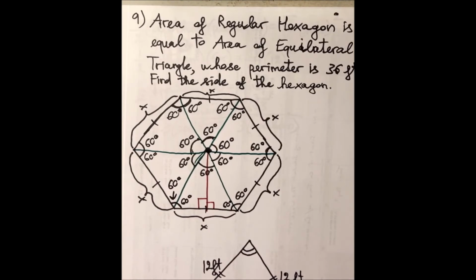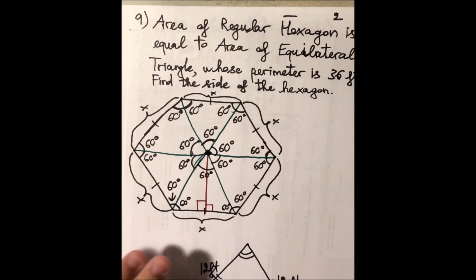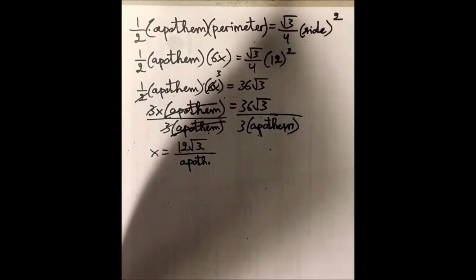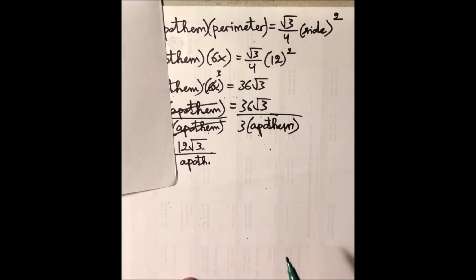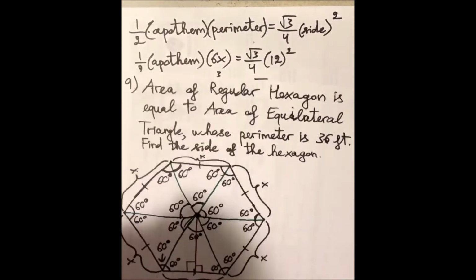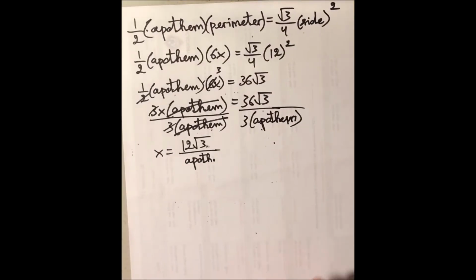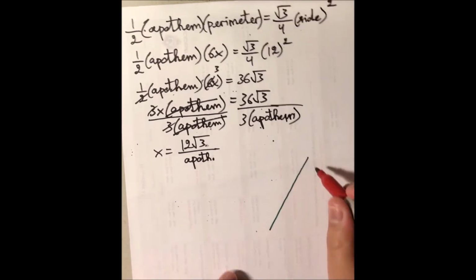So to find the apothem, let's consider the bottom green triangle, and let's draw a separate picture on the side. So I'm going to draw it right here, and I'm going to pick the left half of this bottom green triangle. So it looks something like this.